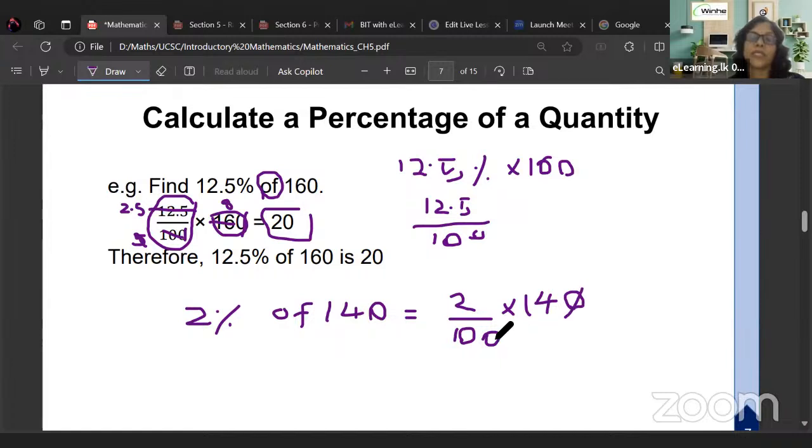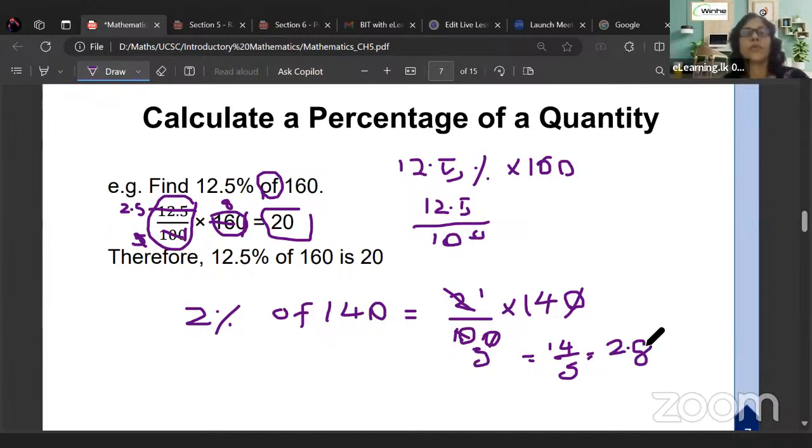So what is the answer? The answer will be 14 divided by 5. 14 divided by 5 is 2.8.